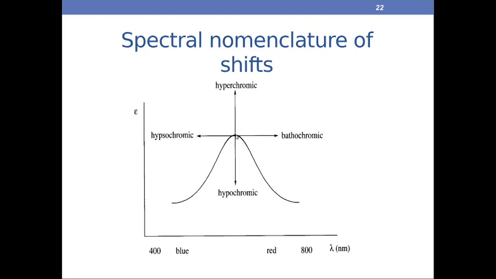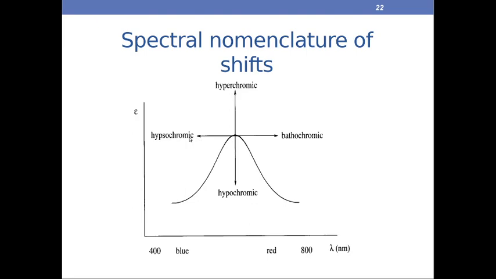If the spectrum shifts towards the longer wavelength or towards lower energy, the effect is called a bathochromic shift. If the spectrum shifts towards the higher energy or shorter wavelength, we call the effect a hypsochromic shift.